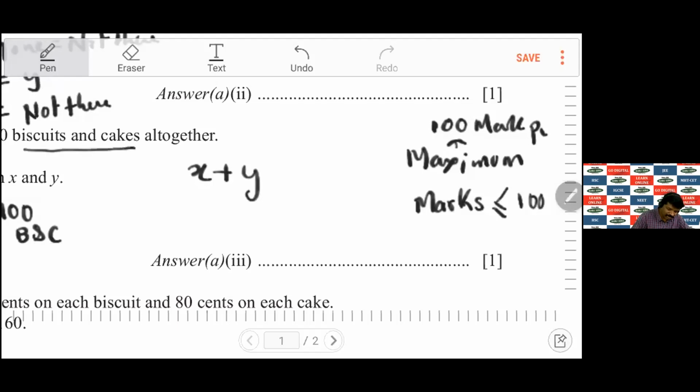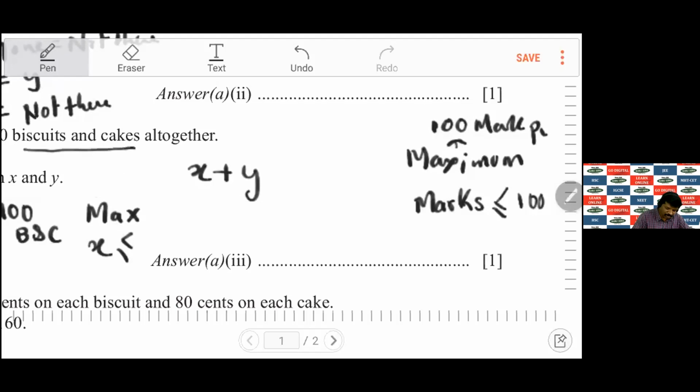So when we say the word maximum, X will be less than or equal to. Maximum means it cannot be more than that. So in your exam, suppose if the maximum marks is 100, you cannot get more than 100. So you will get either 100 or less than 100.